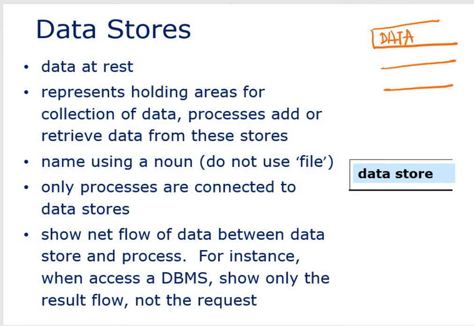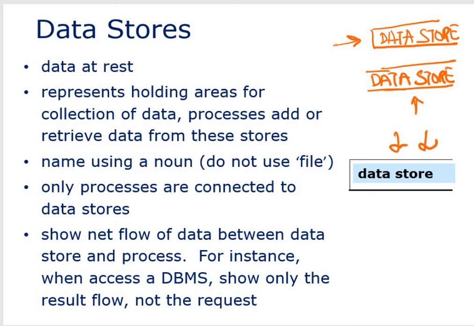Right, so this is your data store, and this is also your data store. Right, the way I have represented here. So it's like with absence of both smaller sides, it can be your open sided triangle, or else rectangle, or else it can be your one side missing rectangle.